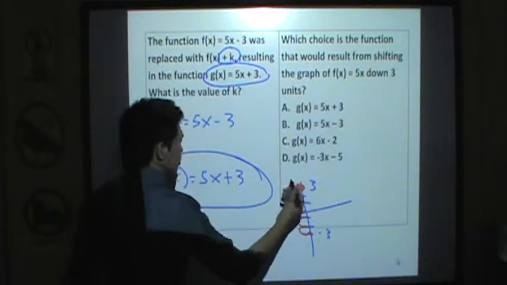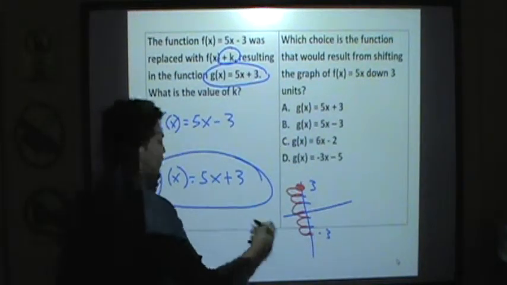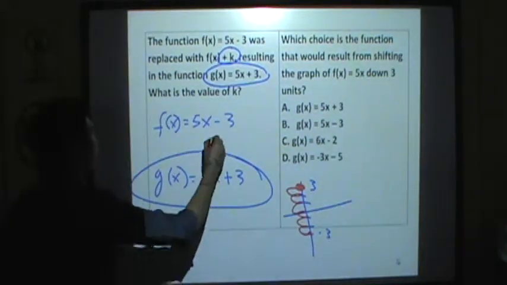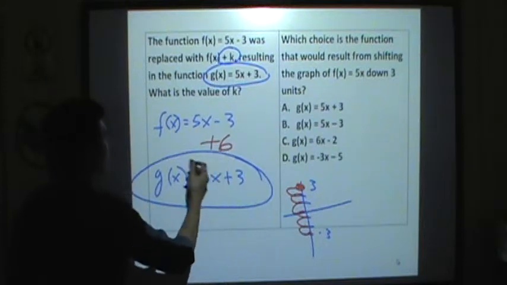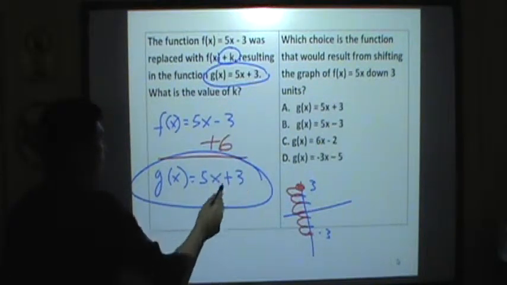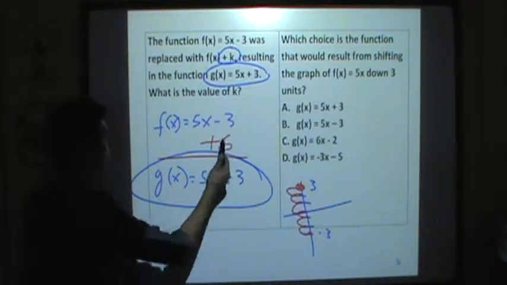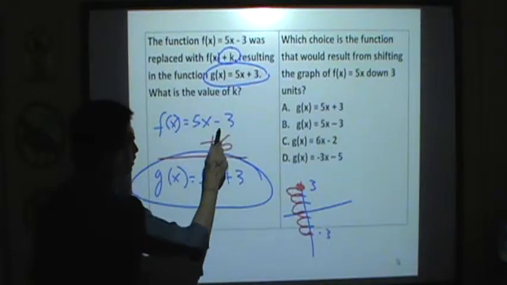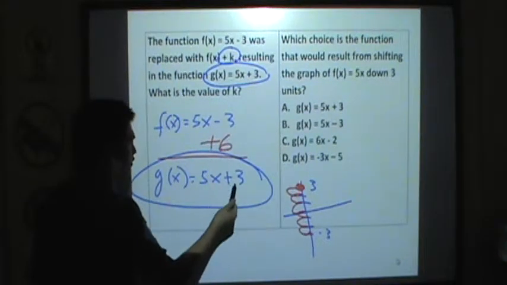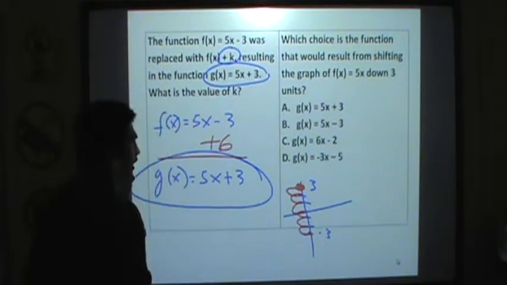That will end up at the y-intercept +3. So therefore, you need to add 6 so you can get a +3 y-intercept. Using your mental math or calculator, -3 plus 6 will give you +3. That's how you solve that problem.